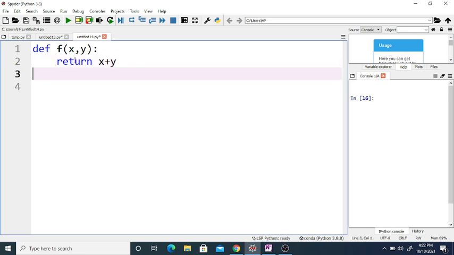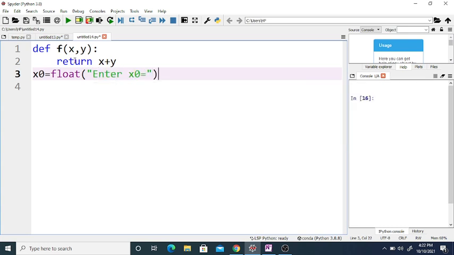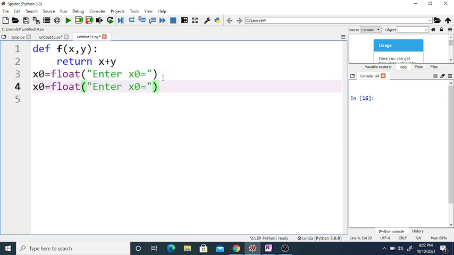Next we want to enter the value of x0. So x0 is equal to float, enter x0. Similarly we want to enter y0, enter the value of y0.